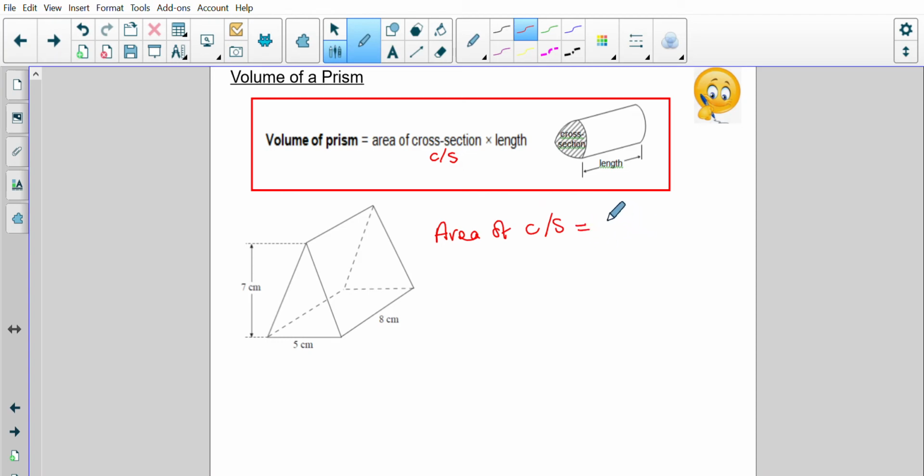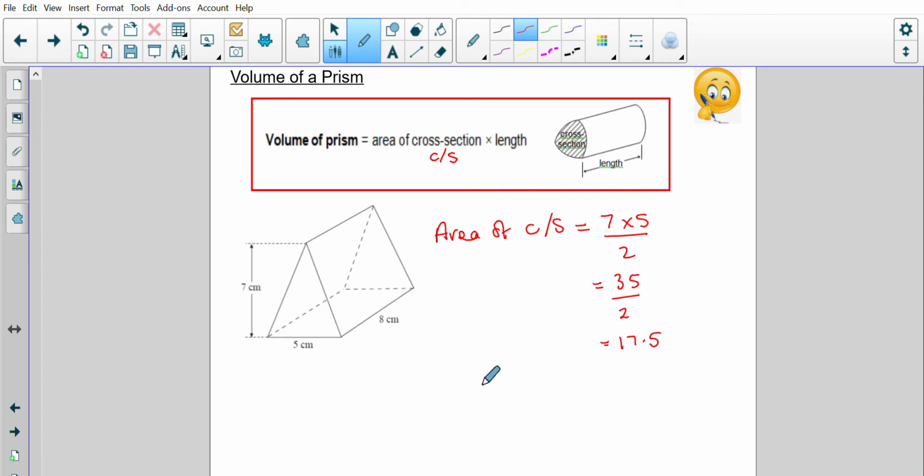So I can see that's a triangle, so it's 7 times 5, and I mustn't forget to halve it because it's a triangle. So let's do this in stages, I get 35 divided by 2, and then if we do our 35 divided by 2, that's going to give us 17.5.